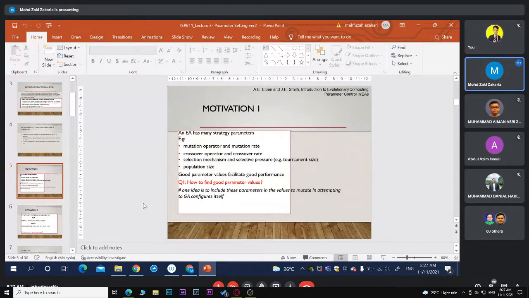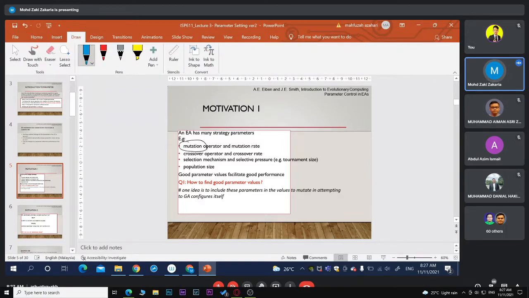And then for the parameters of optimization, usually we consider first the mutation rate, the crossover operator or crossover rate, okay, selection mechanism, for example, using elitism, or tournament size, or roulette wheel, and then this is the mechanism of selection, and the population size.